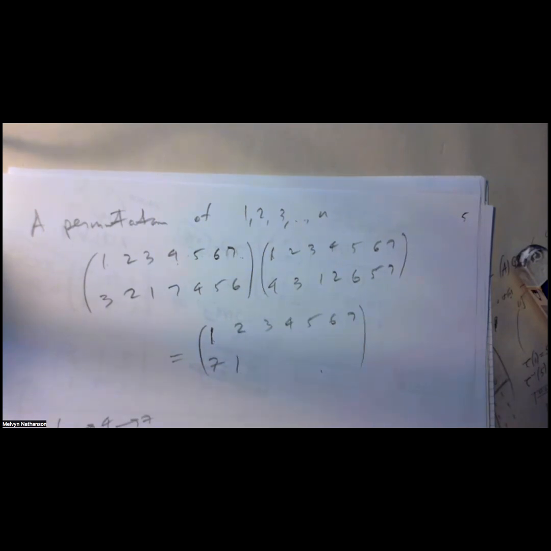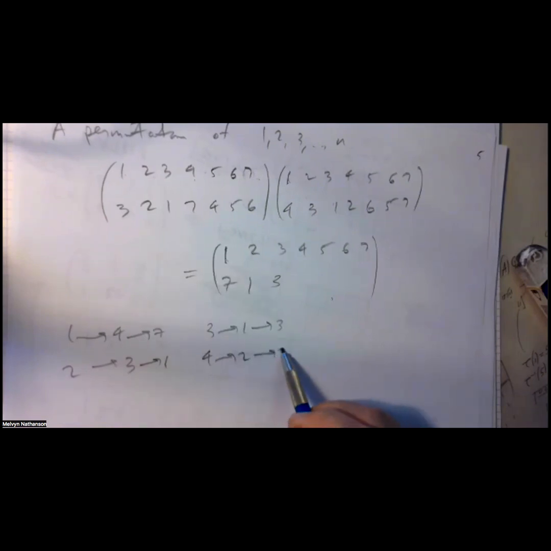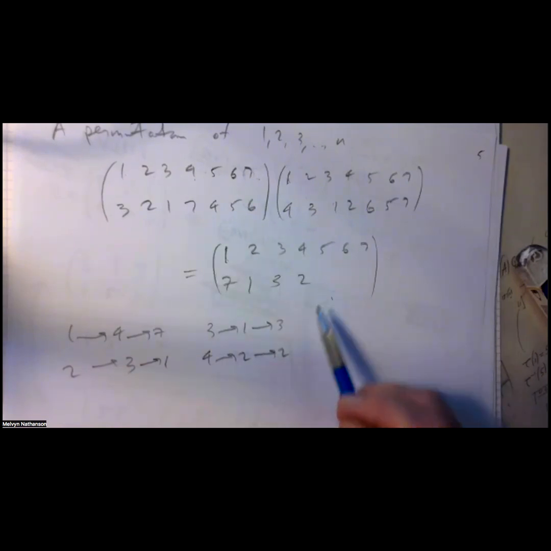So 2 ends up at 1. 3 goes to 1, and 1 goes back to 3. So 3 doesn't move. 3 stays at 3. 4 goes to 2, and then 2 stays at 2, so 4 ends up at 2.